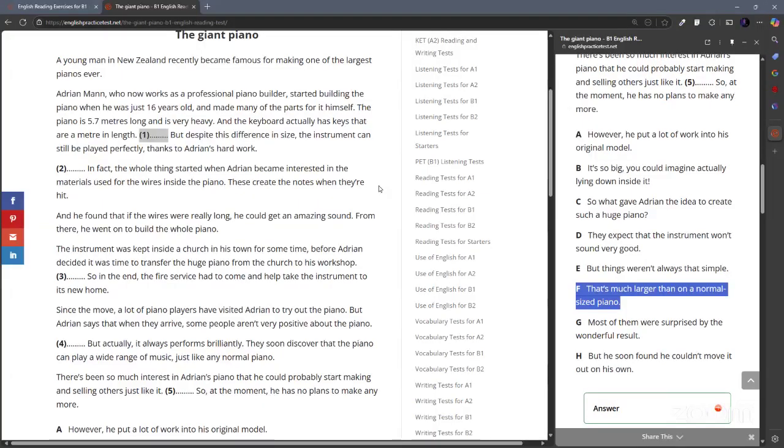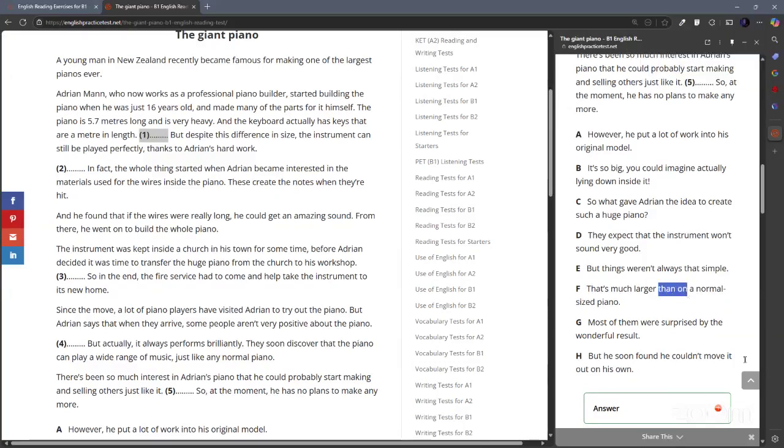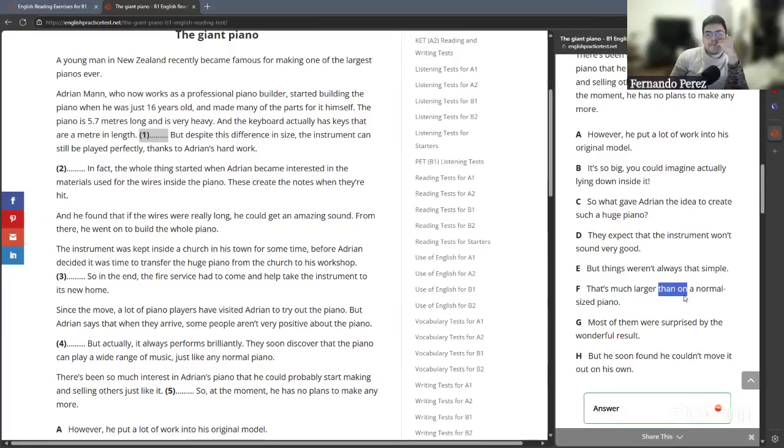Yes, because you paid attention in letter F, and this way you discard this one, but the sentence is not talking about the piano. Exactly. The connector "on" is talking about the keys.